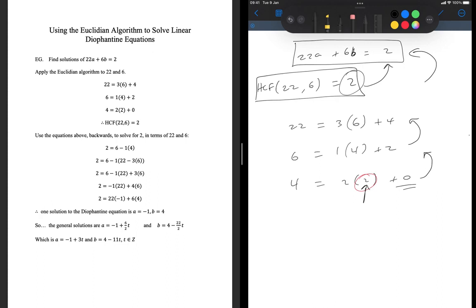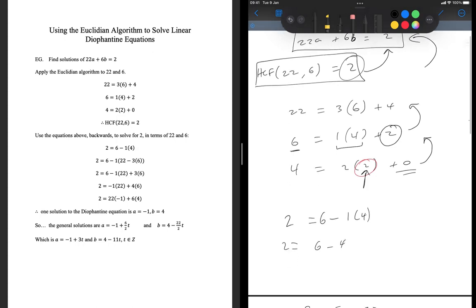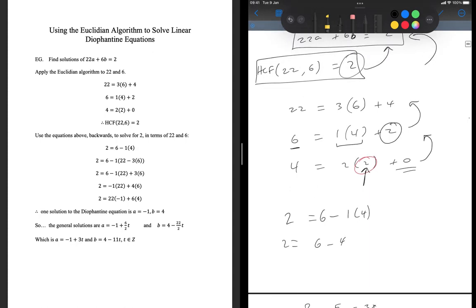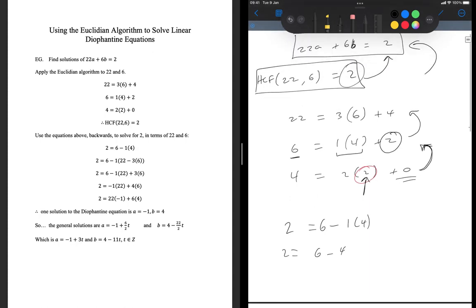Based on this, I can see that 2 is equal to 6 minus 1 lot of 4, which we know is just 6 take 4. The reason I'm doing this is because it's undoing this equation. And now 4 can be written as 22 take away 3 times 6.